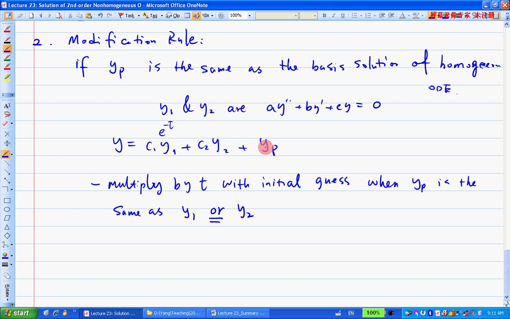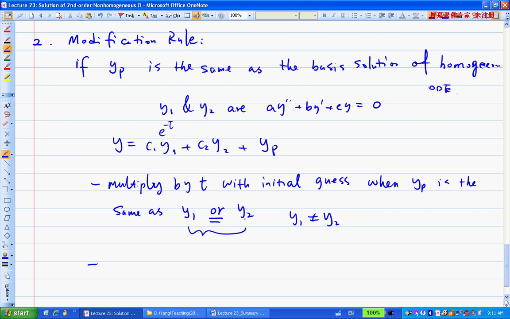Is that good? So in this particular case, actually this y1 is not the same as y2. But there are different cases for y1 and y2. The second case is when y1 and y2 are repeated double roots, right?